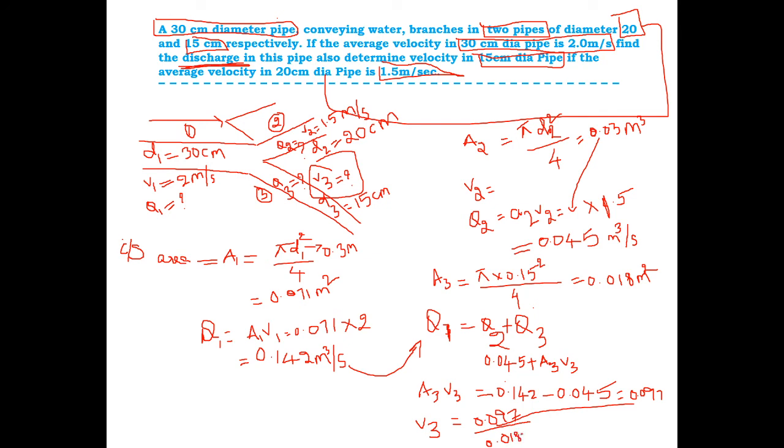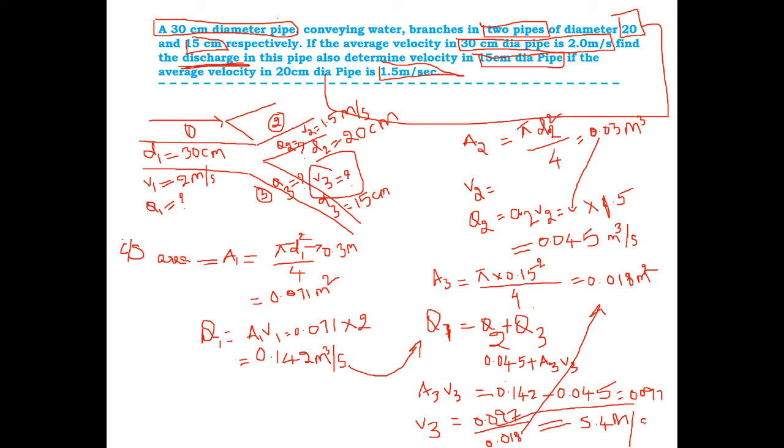This is A3. Velocity at point 3 equal to discharge by area. Then you will get 5.4 meters per second velocity at point 3 or pipe 3.